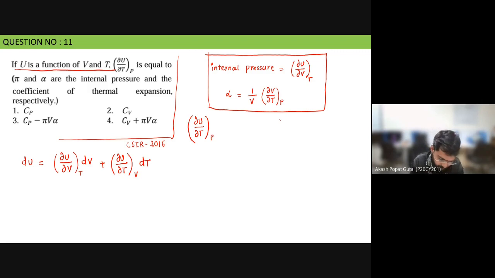So let's differentiate the left and right hand sides with respect to T, keeping constant pressure.